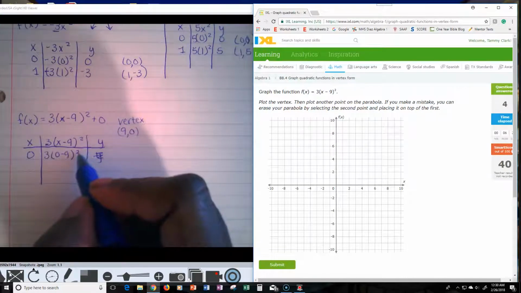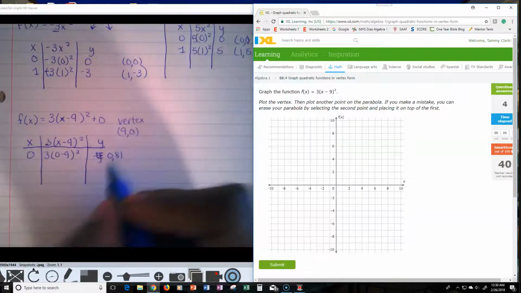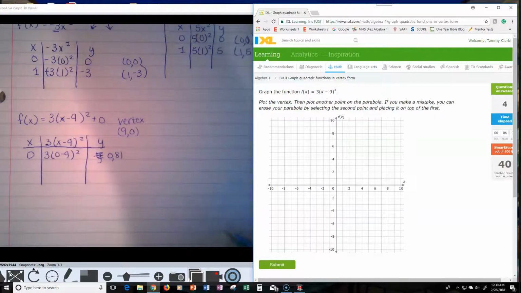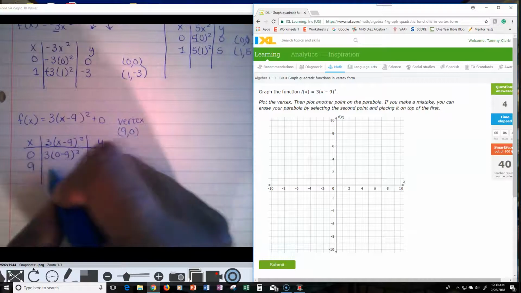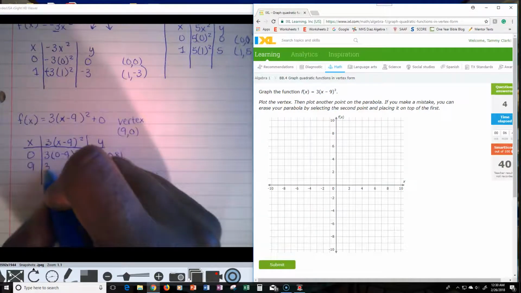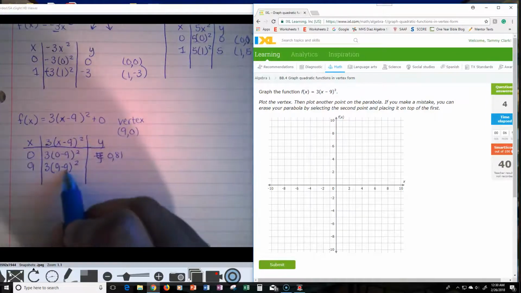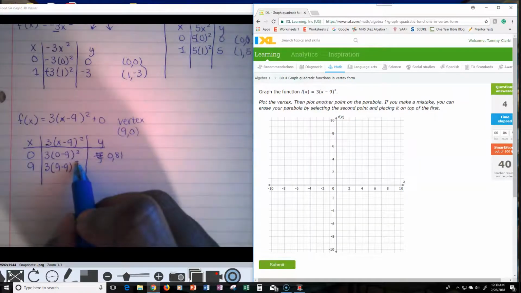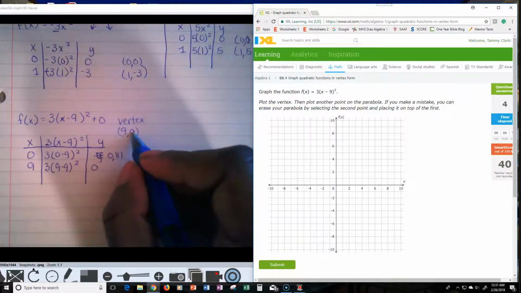If we square that, that's 81. So 0, 81. Problem, our graph doesn't go that big. So let's go for a lower number. Why don't we go for 9? So if we go 9, we get 3, 9 minus 9 squared. So 9 minus 9 is 0. 0 squared is 0 times 3 is 0. So that's our vertex, told you.